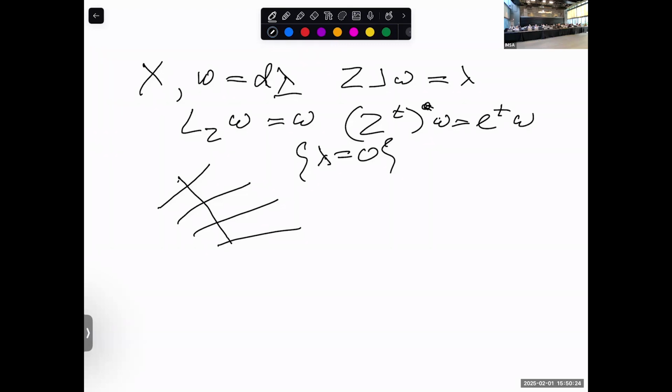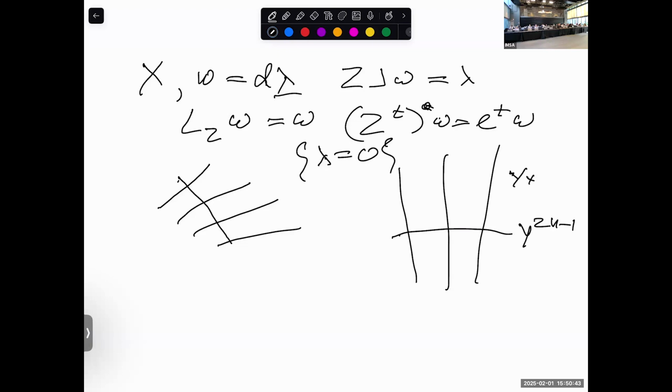Conversely, a contact manifold can be thought of in exactly the same way. You take a contact manifold, a manifold with a non-integrable plane field, of odd dimension, and it always has a symplectization. You just multiply this manifold by R plus.